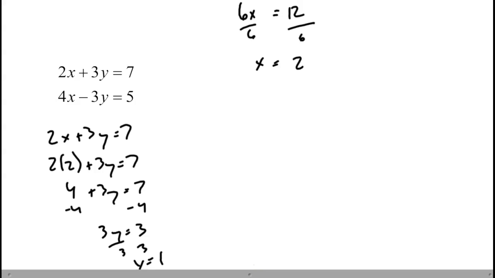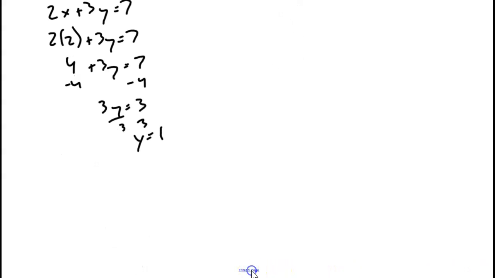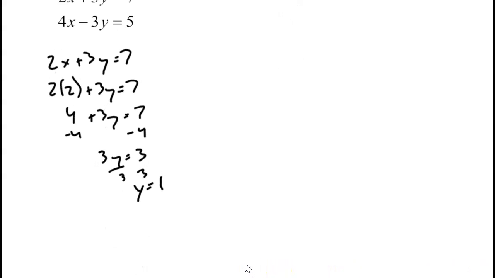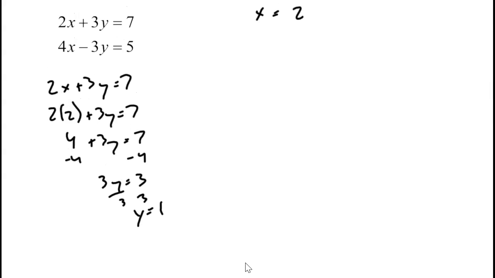So y equals 1, and we already said that x equals 2. Let's test this by putting it into the formula that we didn't use to solve. We'll use this one as our check: 4x minus 3y equals 5.